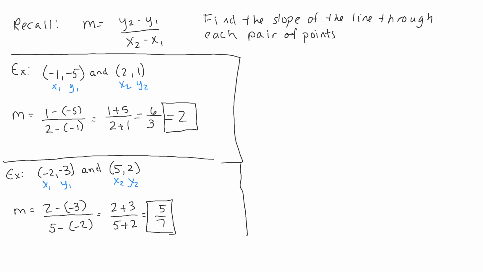Now, in both of these examples, the slopes were positive. So if I were to draw these two lines, both lines would be going uphill. In fact, let's just do a quick sketch.